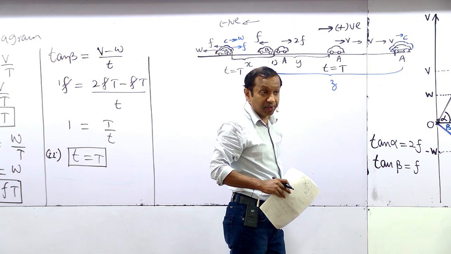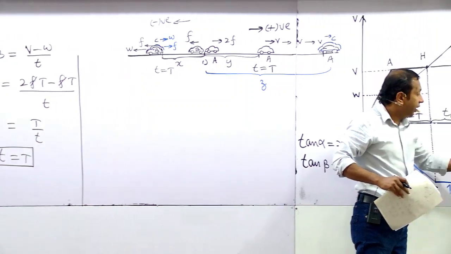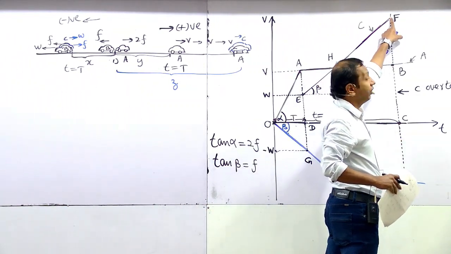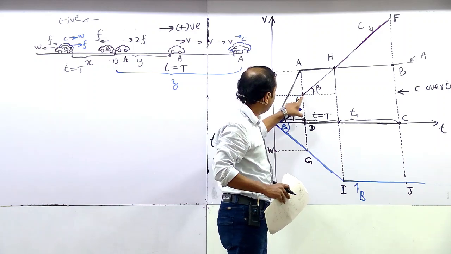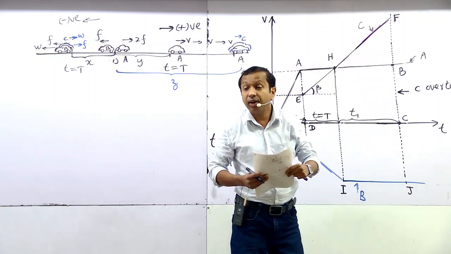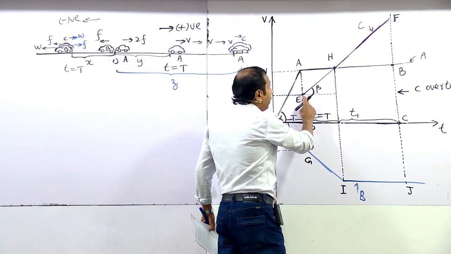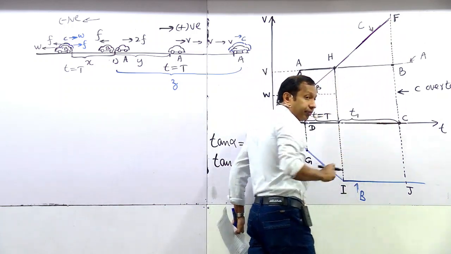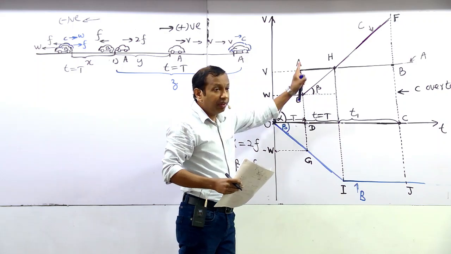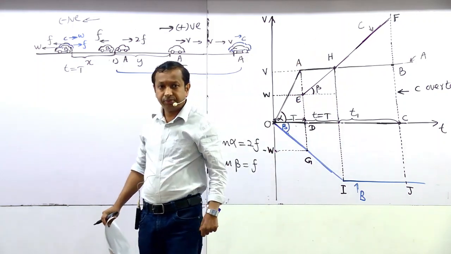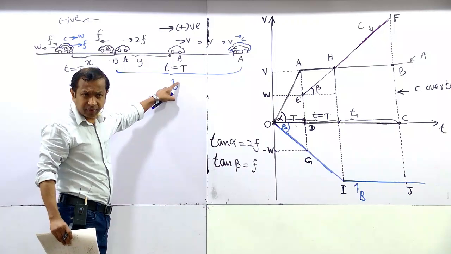If this is the moment C overtakes A, up to this moment the VT graph of C starts from here. From here to here, the area covered by the VT graph of C is DEFC. This DEFC should be equal to X plus Z. Am I correct? Yes.